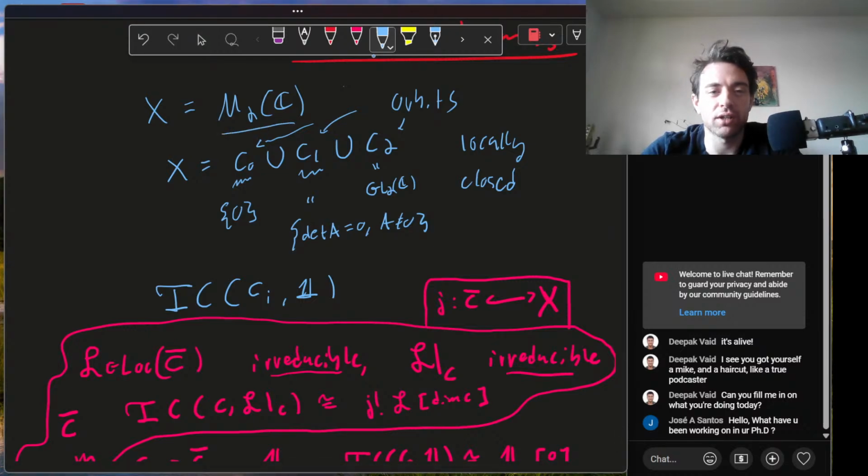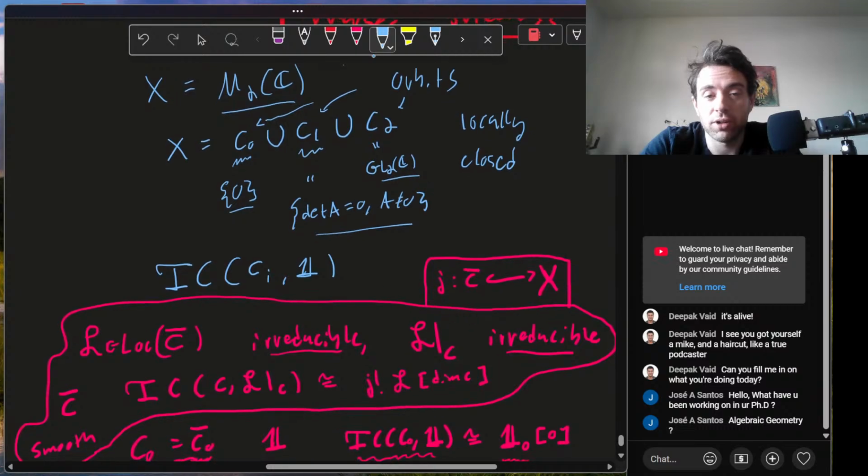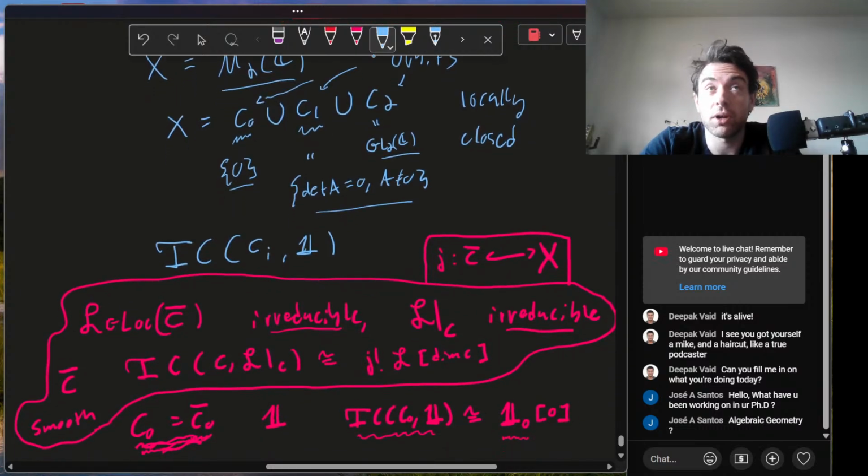We've stratified it into 3 strata: the rank 0 matrices, the rank 1 matrices, and the rank 2 matrices. It definitely involves a lot of algebraic geometry, but it's algebraic geometry that's motivated by the representation theory of p-adic groups in a strange way.